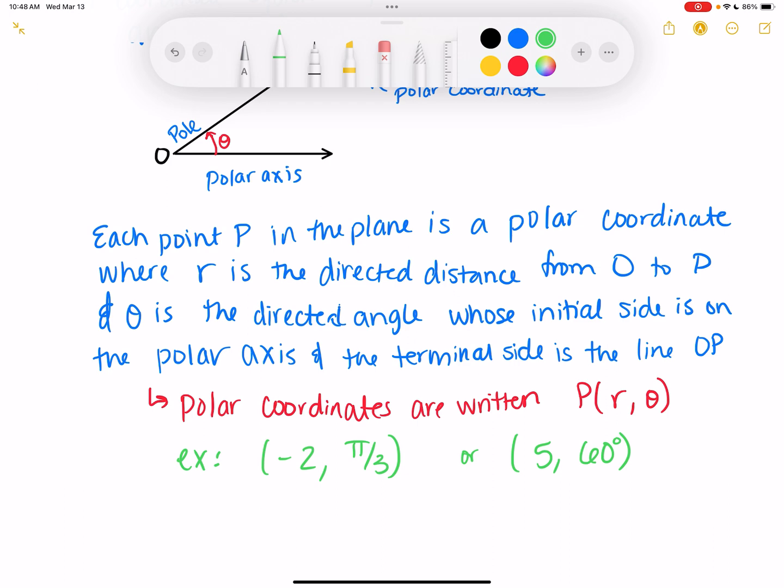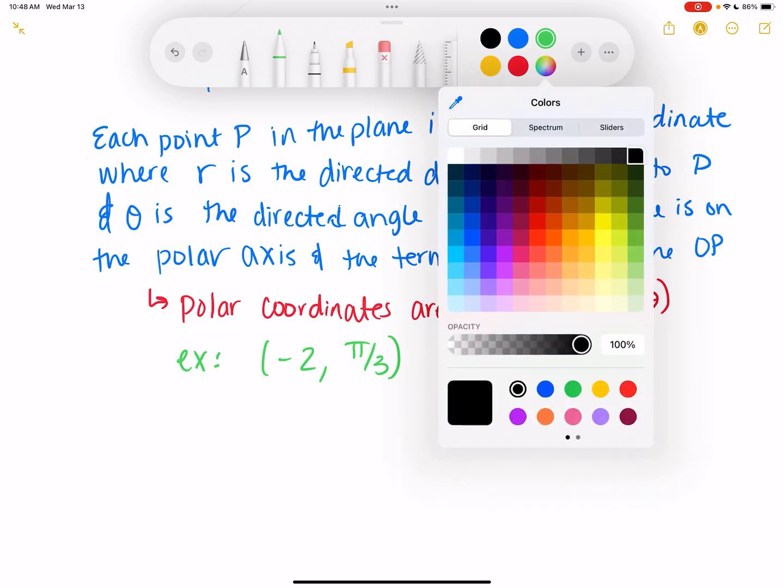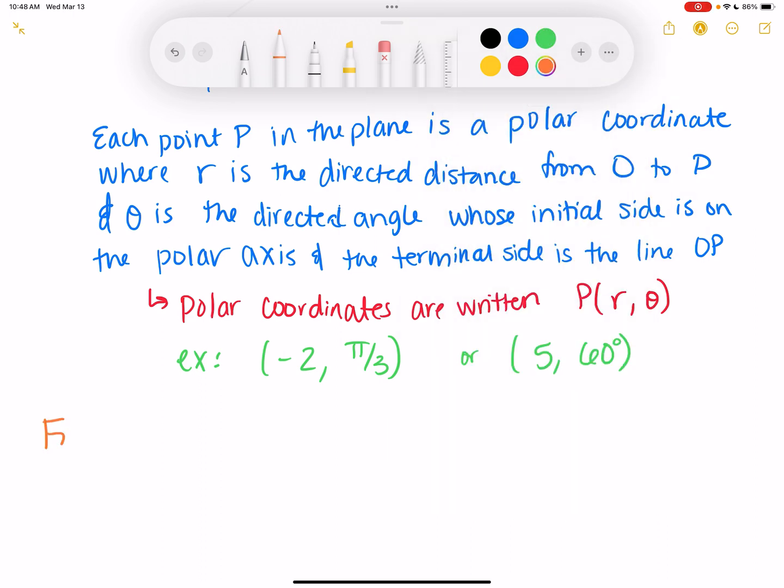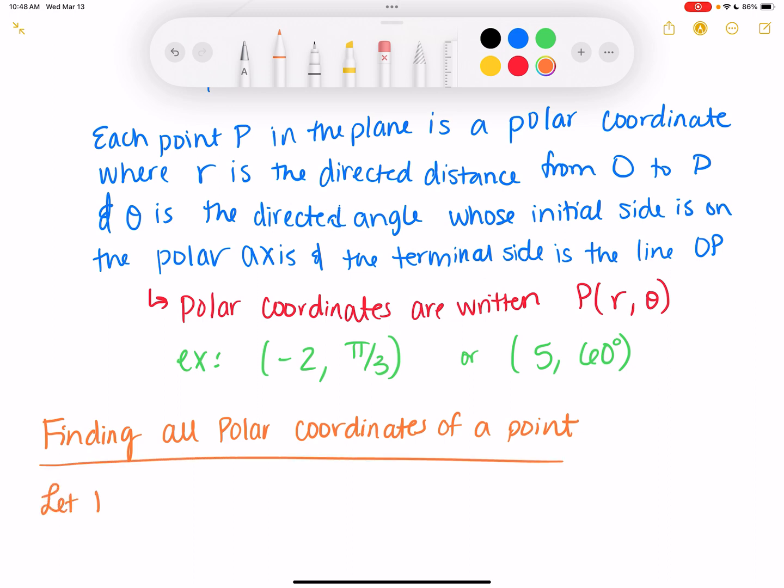All right, finding all polar coordinates of a point. Let P have polar coordinates (r, theta).